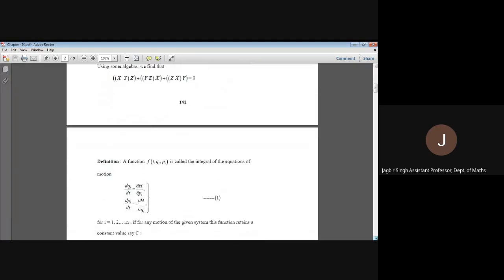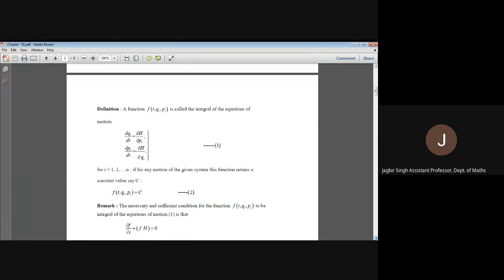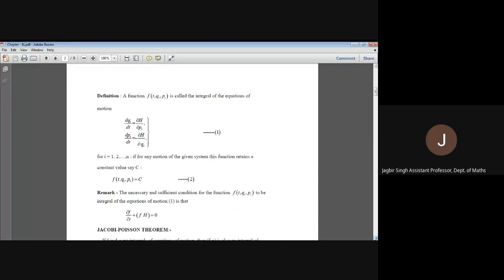Now this is the definition of the integral, or solution, of the equations of motion, meaning Hamilton's canonical equations. A function f(t, qi, pi) is known as an integral of the equations of motion if for any motion of the given system this function retains a constant value, meaning f(t, qi, pi) will be equal to c.